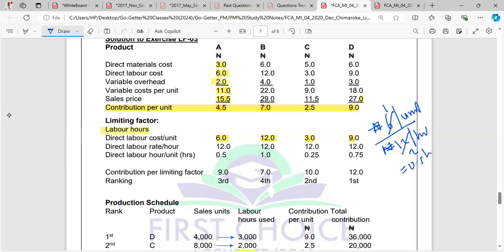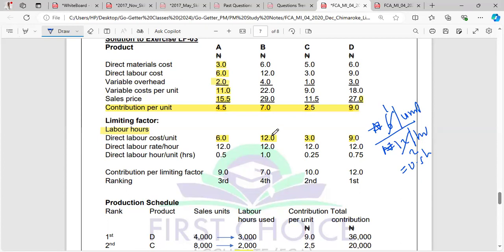It means that you were using 0.5 hours, which is like 30 minutes. That is why if you are paying 12 naira for 1 hour, in 30 minutes you would have spent 6 naira. That's the reason why you spent 6 naira, because it was 30 minutes per unit.